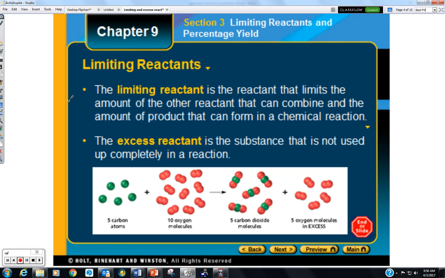A limiting reactant is the reactant that limits the amount produced. This is the one that's going to drive the chemical reaction. The excess reactant is the substance that is not used up.